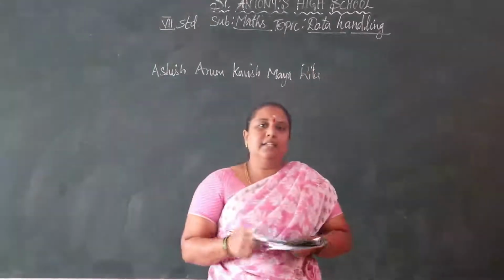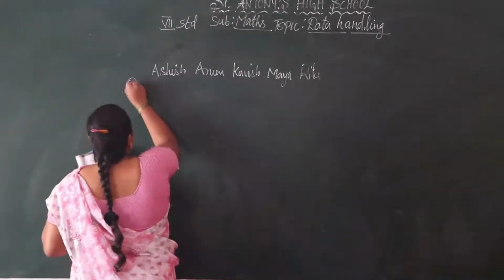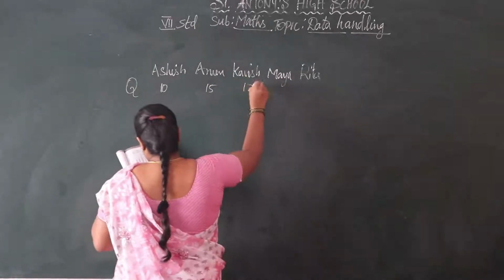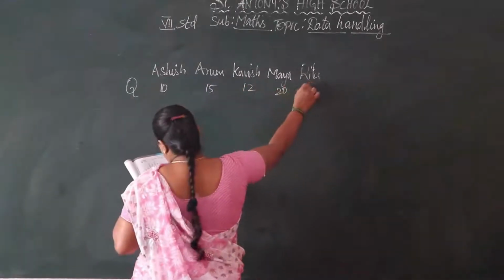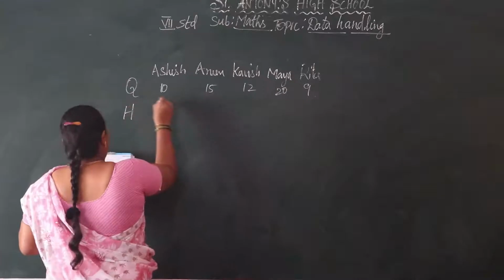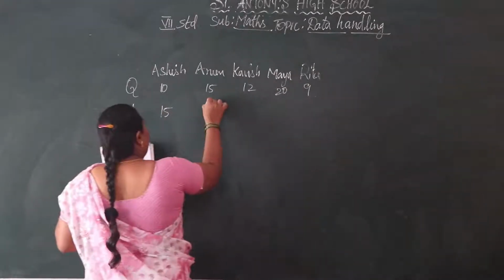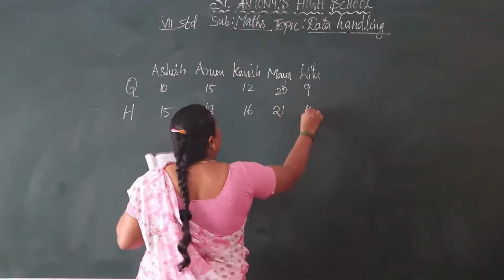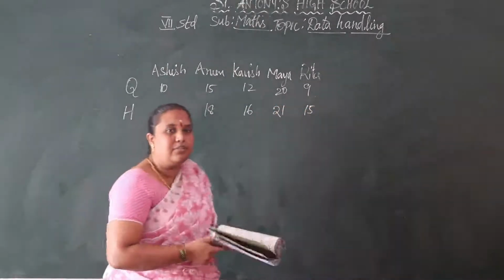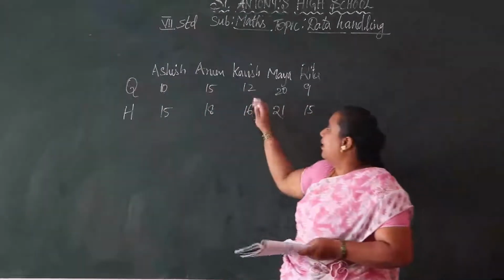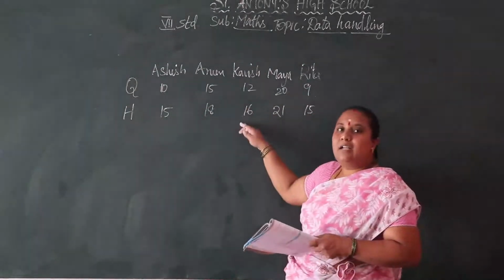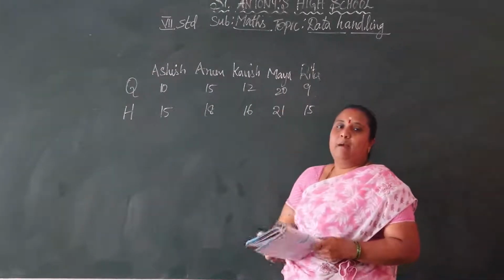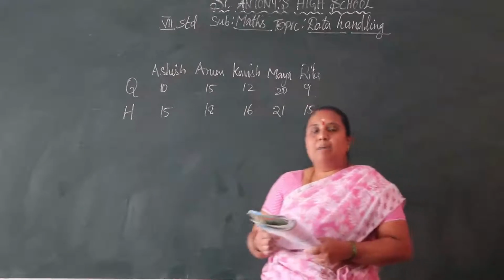So in quarterly, the students' marks are 10, 15, 12, 20 and 9. In half yearly, they have 15, 18, 16, 21 and so on. Effective. All the students are gaining more marks compared to quarterly, but we should show it using a bar graph.